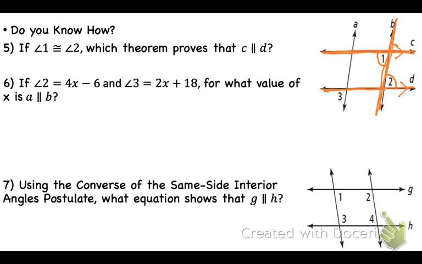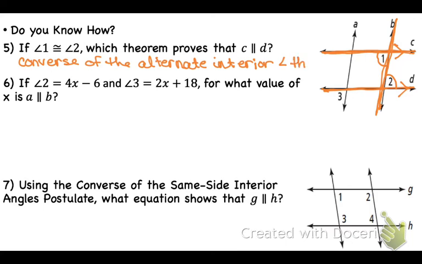What are 1 and 2? Alternate exterior angles. Interior. Interior. So the converse of the alternate interior angles theorem.